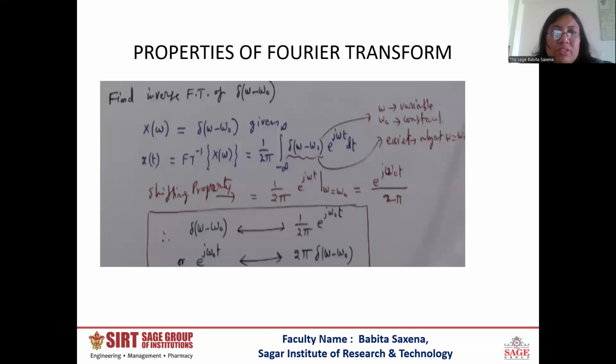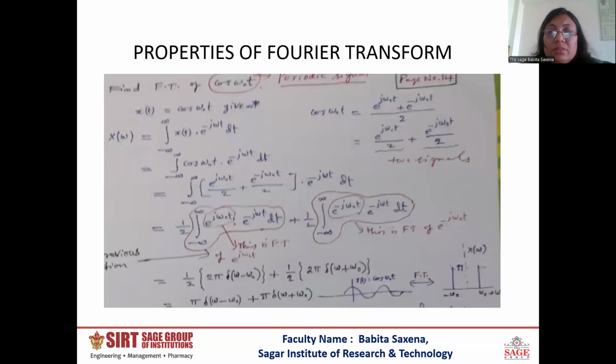So these are the questions based on the property of frequency shifting. In this property, we will calculate the Fourier transform of e raised to the power j omega 0 t, which is 2 pi delta of omega minus omega 0. In this way, you can calculate the Fourier transform of cos omega 0 t, which is a periodic signal.